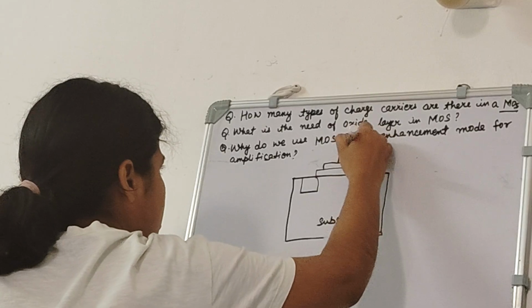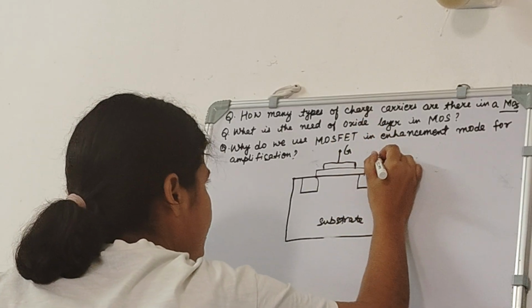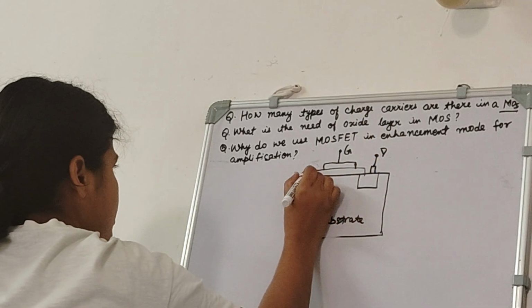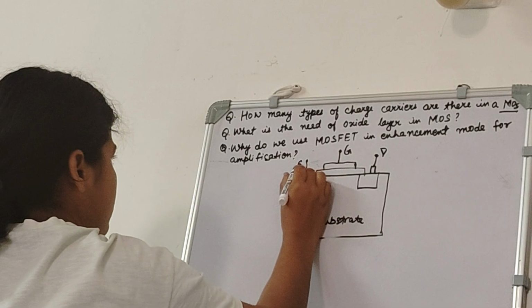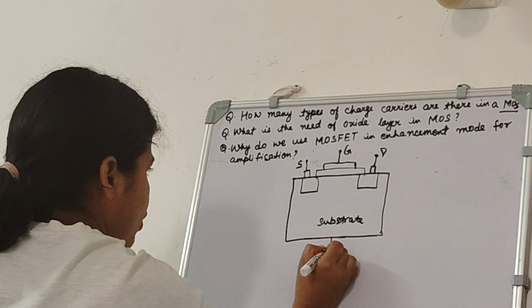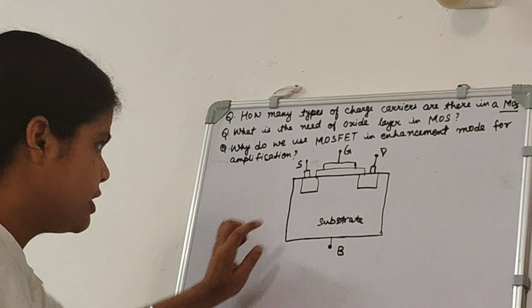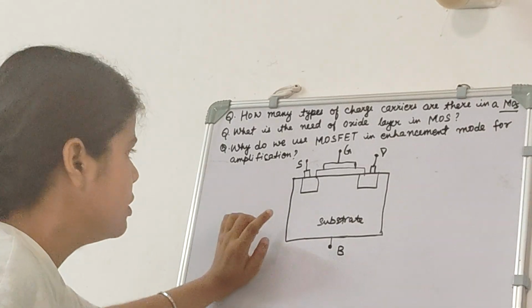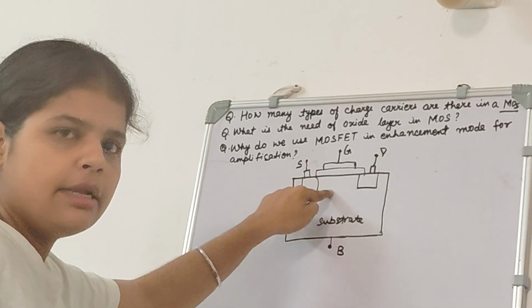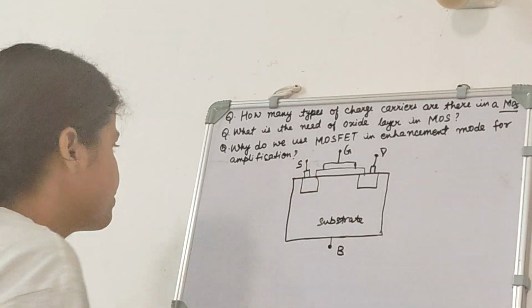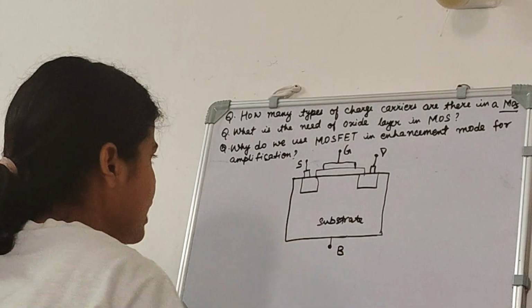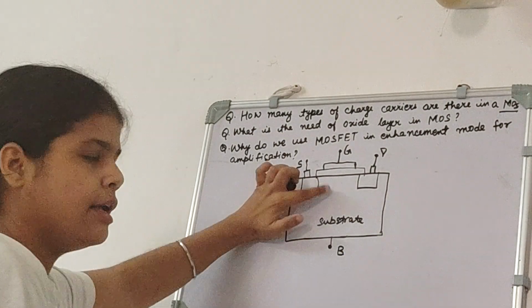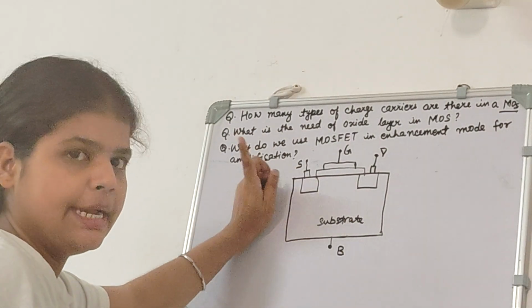This is gate terminal, this is drain terminal, this is our source terminal, and this is our body terminal. So this is enhancement type MOSFET because here we don't have a channel, and in enhancement type we don't have a channel. So we know that for the creation of this channel we need to apply some voltage at the gate.